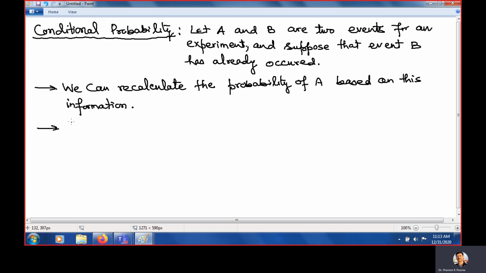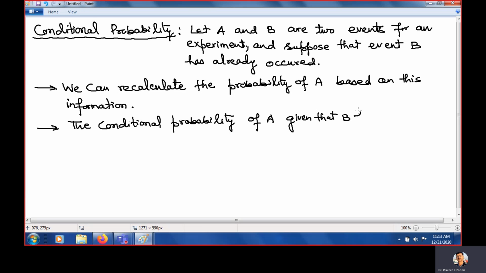And how do we calculate it? This is called conditional probability. The conditional probability of A, given that B has already occurred, is denoted by P(A | B), with a vertical line.